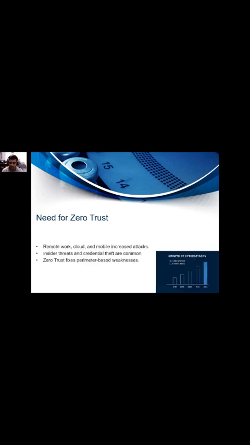Need for zero trust. Let's look at why organizations are rapidly adopting this model. Remote work, cloud computing, and mobile devices have become essential. However, they also create new entry points for cyber attacks. Insider threats and credential theft are very common. Sometimes the attacks do not even come from outside; they start from compromised internal accounts.